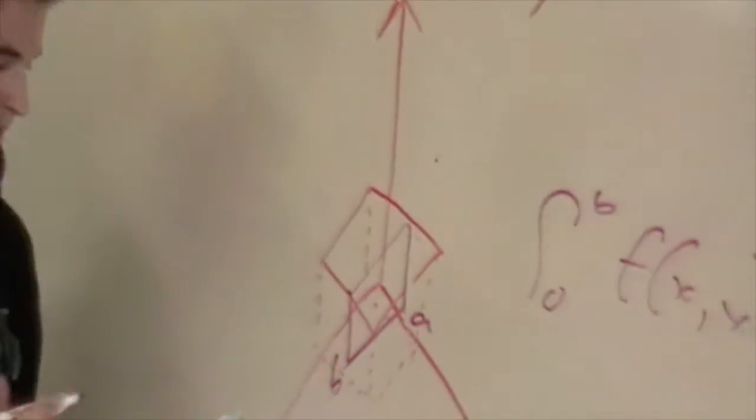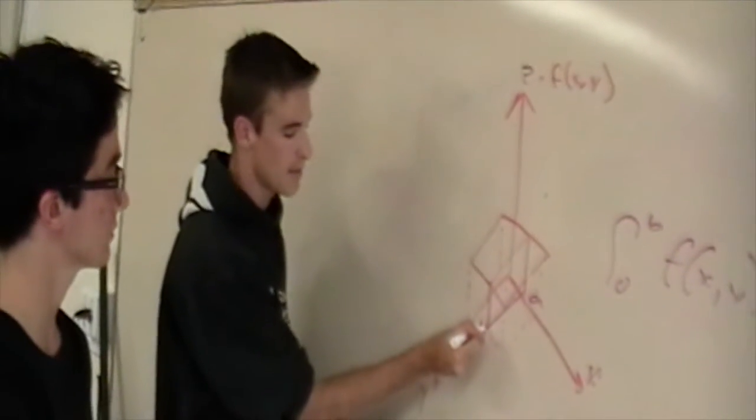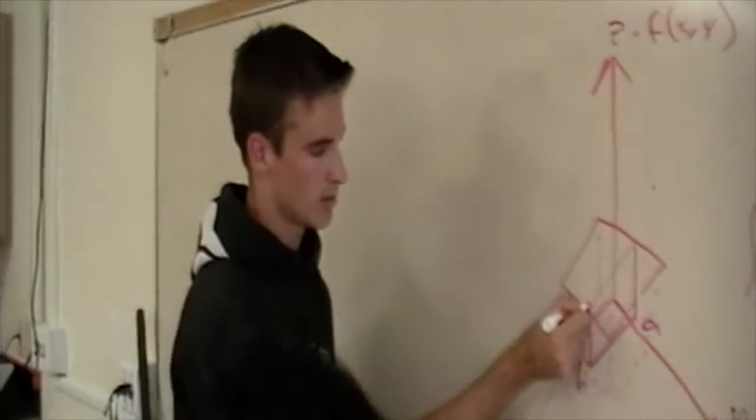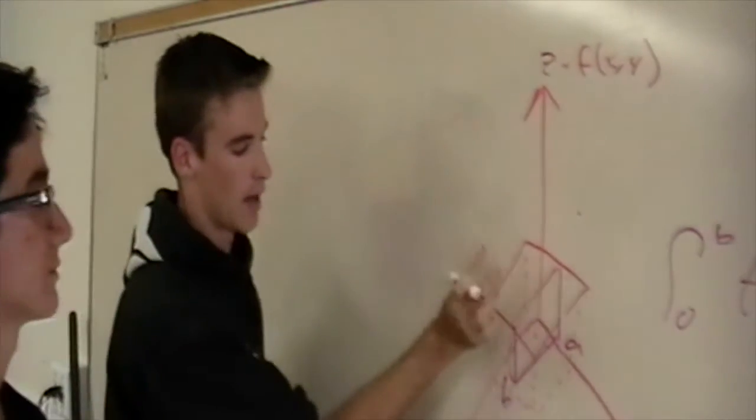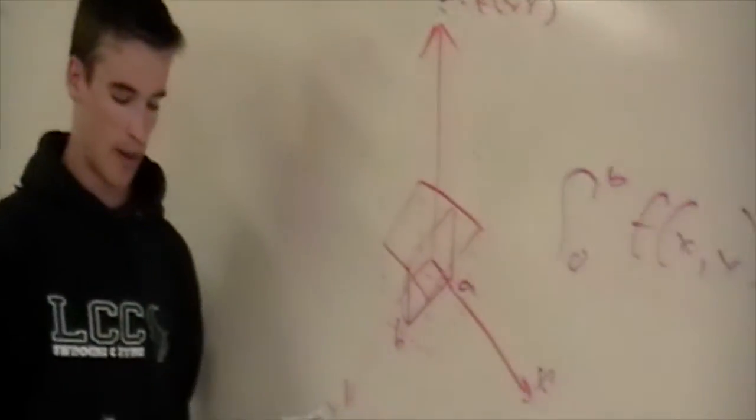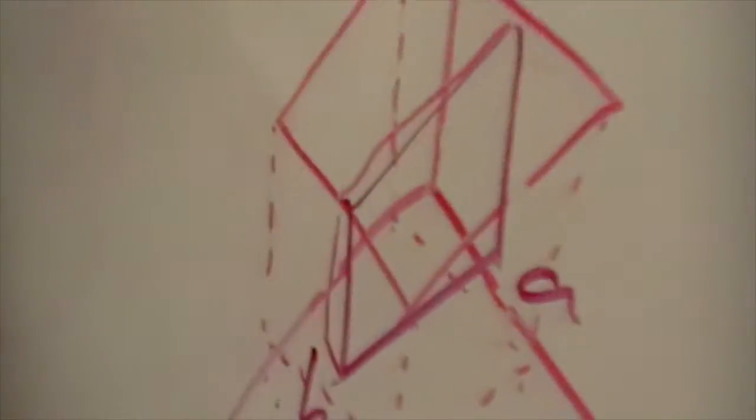So now, if we give that depth, and make it a thicker rectangle, it goes across from 0 to a, we get volume. We use that to get volume.